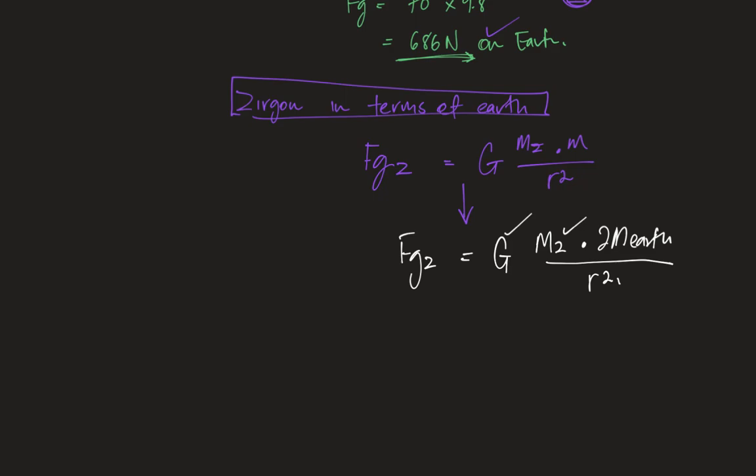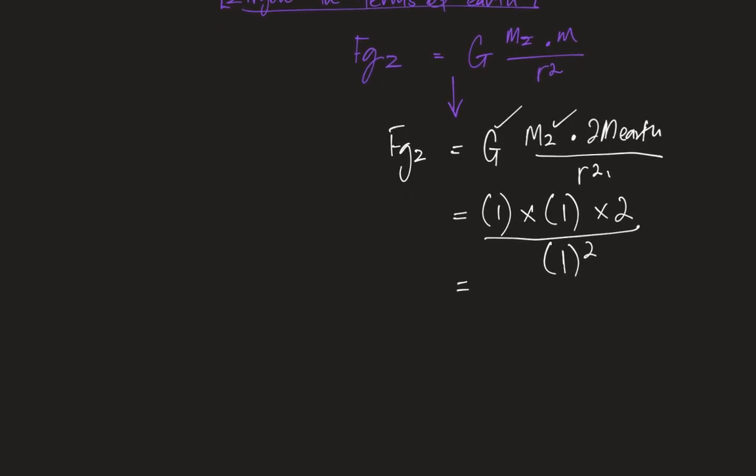So for G, I'm putting a 1 because they didn't tell me that changes, multiplied by the mass of Zygon, which is 2, that's the mass of Earth, all of that over the radius, which they said was the same, 1 squared. So now I've got the force of gravity on Zygon as 2.